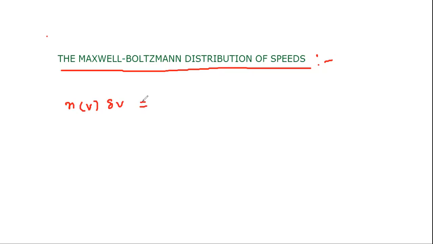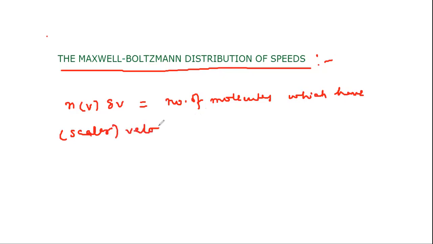What it denotes is the number of molecules which have scalar velocities, that means speeds, between v and v plus delta v.